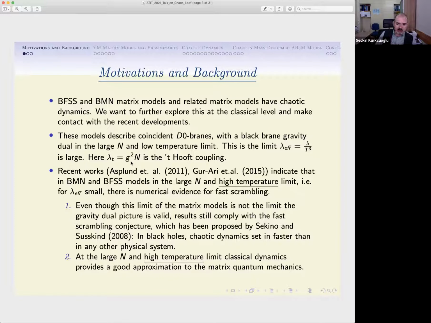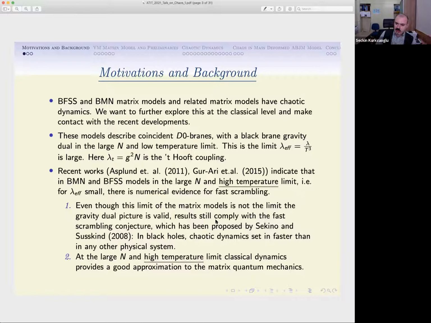Perhaps very briefly, I can tell you that there is some numerical evidence for the fast scrambling conjecture in this regard, coming from classical analysis in this paper by Gur-Ari, Hanada and Shenker in 2015, which states that in black holes, the chaotic dynamics sets in faster than in any other reasonable physical systems.